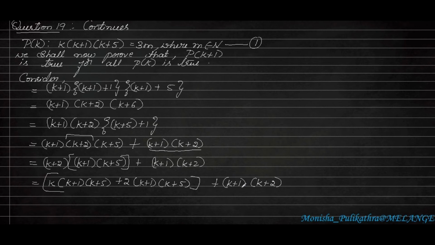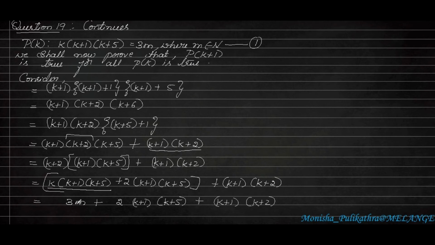Okay. So next step is, you can see here k into k plus 1, k plus 5. From equation 1, we have substituted k into k plus 1, k plus 5 as 3m, right? So instead of this k into k plus 1, k plus 5, we can take it as 3m. That is 3m plus 2 into k plus 1, k plus 5 plus k plus 1, k plus 2.